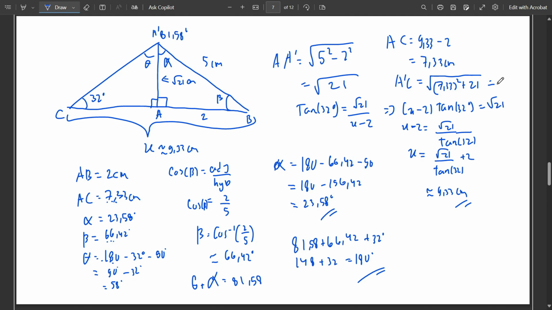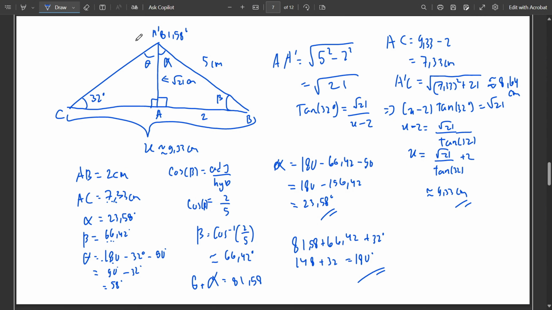Using your calculator, we get 7.33 squared plus 21, and this will become approximately 8.64 centimeters.